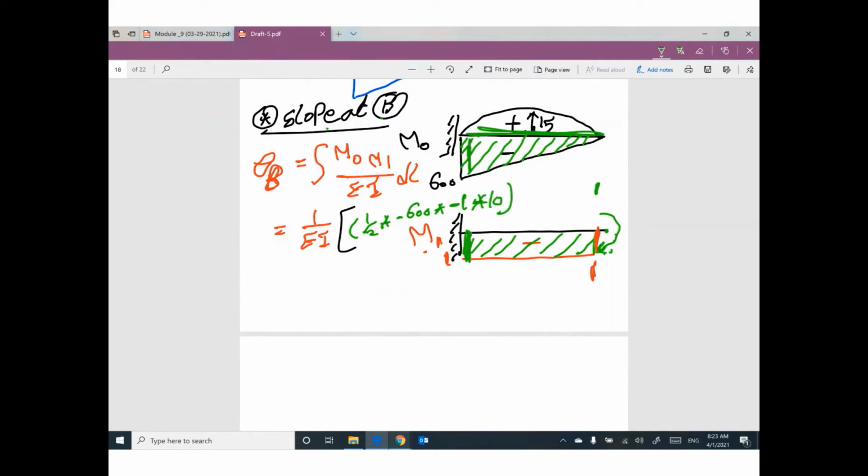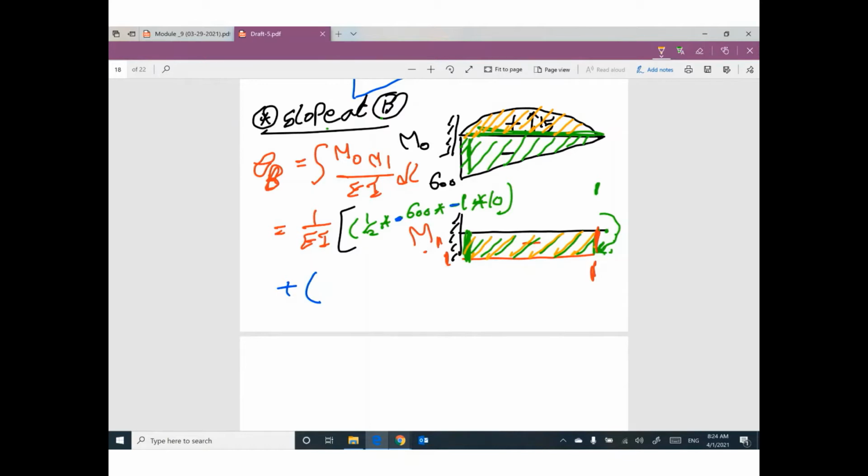This is the first integration. Please don't forget your sign. If your moment is negative, keep it negative. If your moment is positive, take it positive. Plus, we have another integration between this parabola and this rectangle.